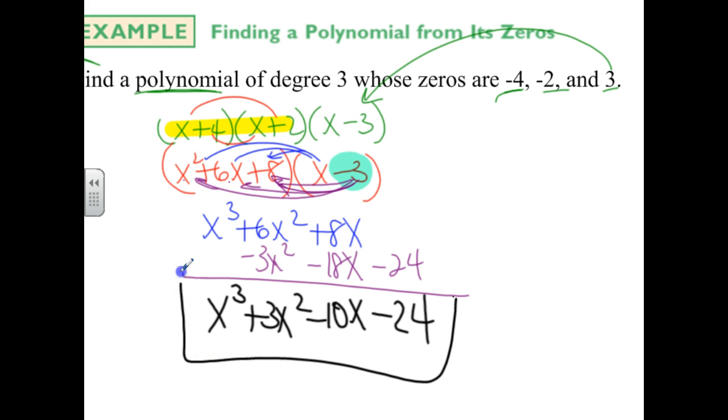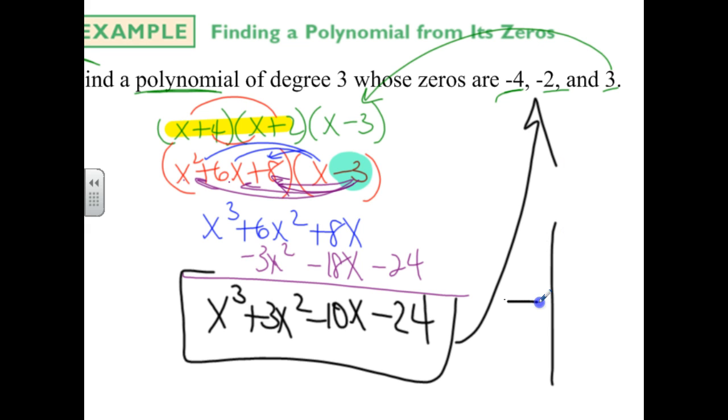And if you were to graph this on your graphing calculator, hopefully it will have roots at -4, -2, and 3. In fact, I could even look at what this looks like. There's -2 is a root, -4 is a root, and 1, 2, 3 is a root. Since it's an x cubed function, I know that the ending behavior is first and third, and they're all single roots. They're all to the first power, so I know they're just going to pass, pass, pass.